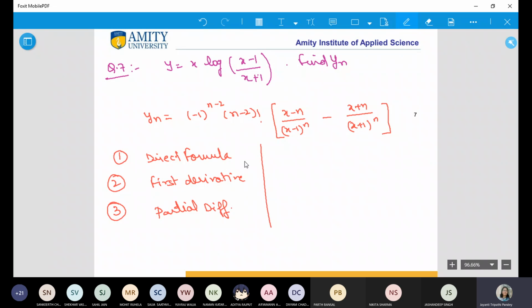The second aspect is that sometimes you have to use de Moivre's. You have to use partial fractions to convert it into the format that you are familiar with.